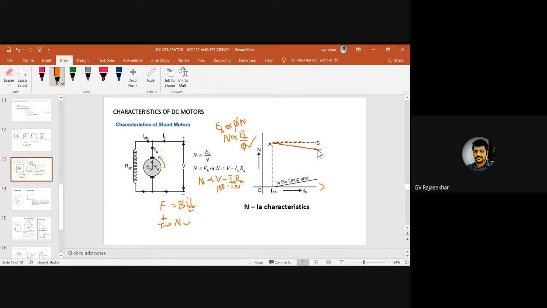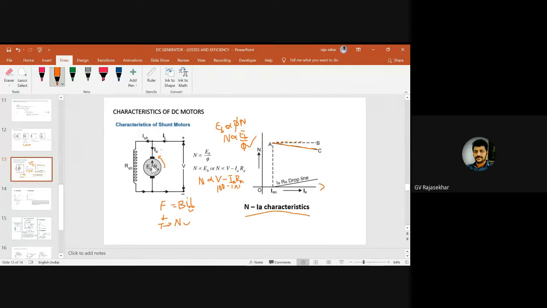The line AC represents the speed and IA characteristics of the shunt motor. Ideal characteristics is AB, but real characteristics is AC. A slight drop in the speed is observed when IA is increasing, when the load is increasing.